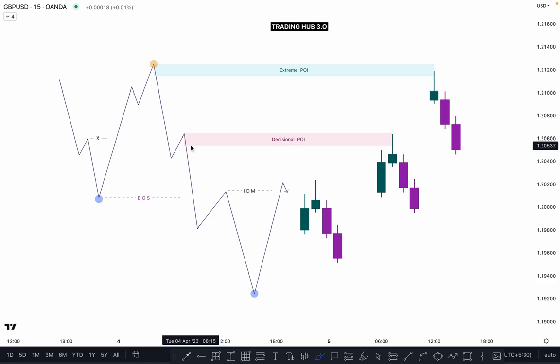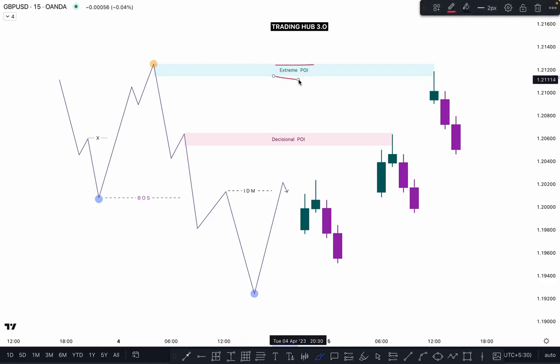This zone is our decisional, with 50% probability, because you have one more POI on the extreme, this one. This is our extreme POI, and it is higher probability compared to the decisional. It is not 100%, but it is higher probability compared to the decisional. So you have to play on decisional and extreme as per the current price action. What's the market doing?